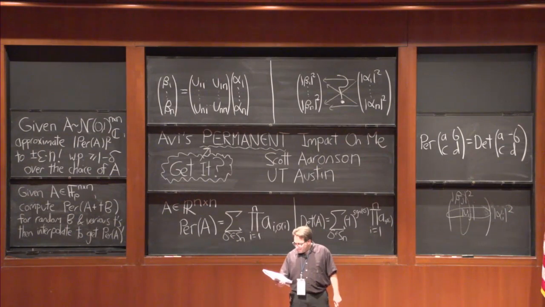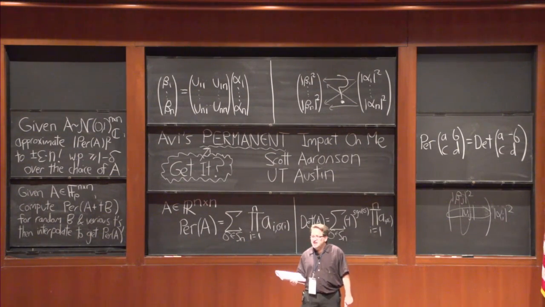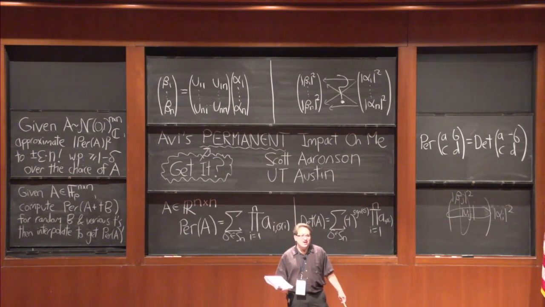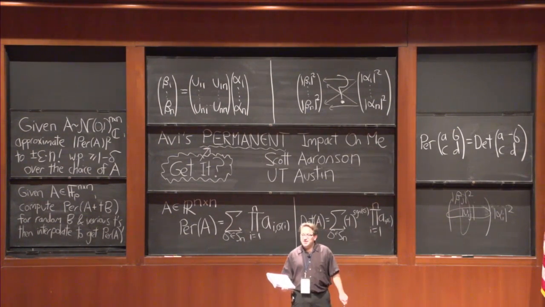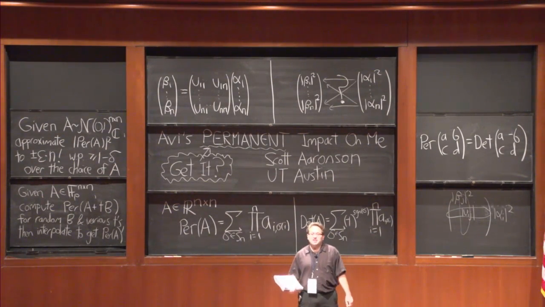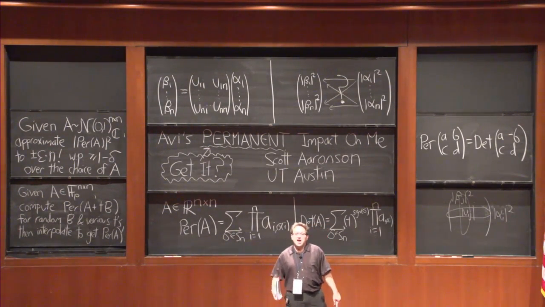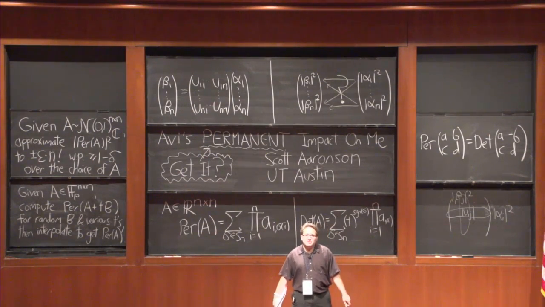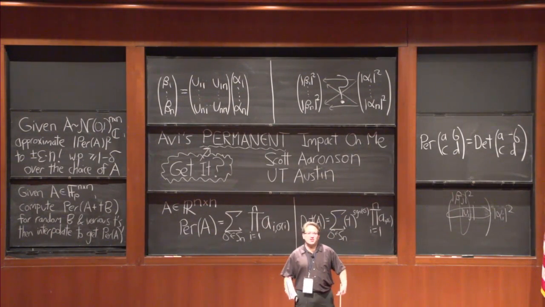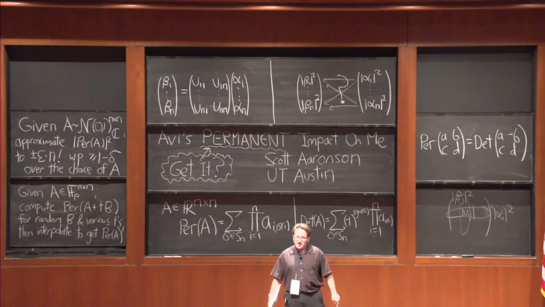So the bottom line is that even though these bosons are not letting you solve a sharp P complete problem, still, it seems pretty certain that they're doing something that is hard to simulate classically. And in fact the permanent being sharp P complete directly enters into the argument for why they should be hard to simulate classically.